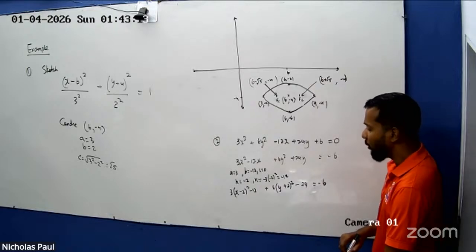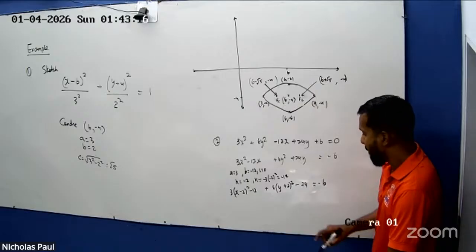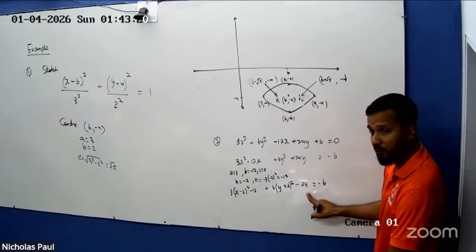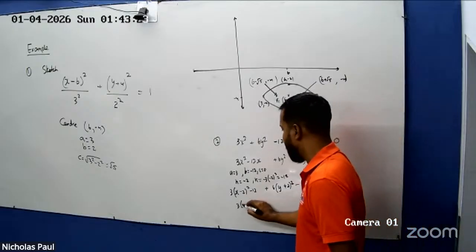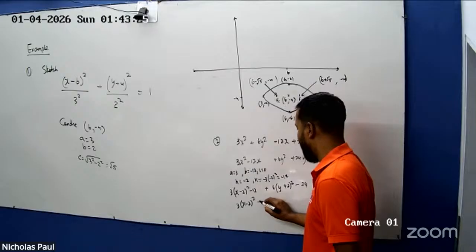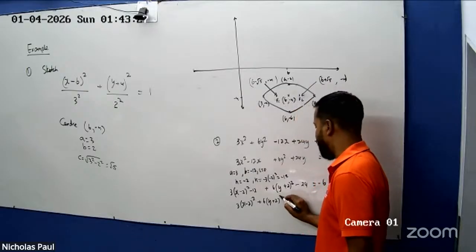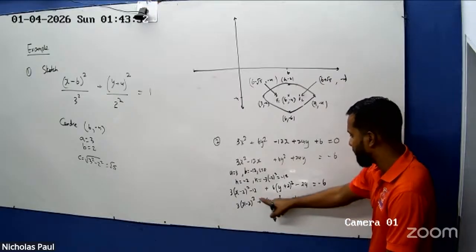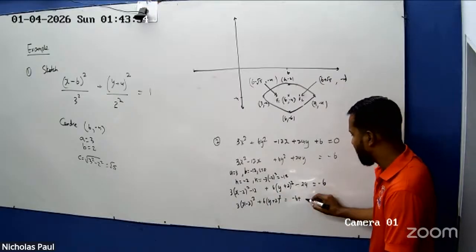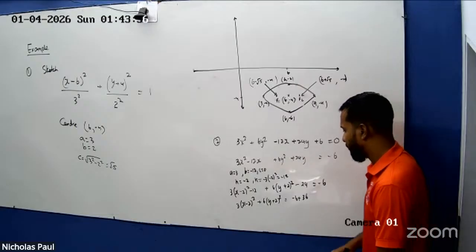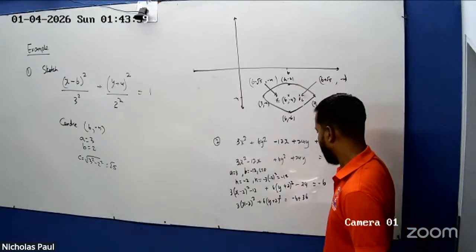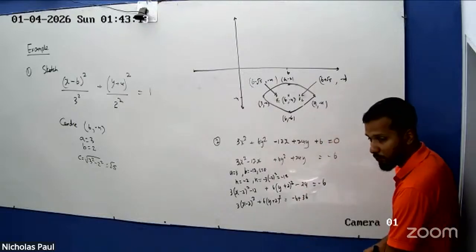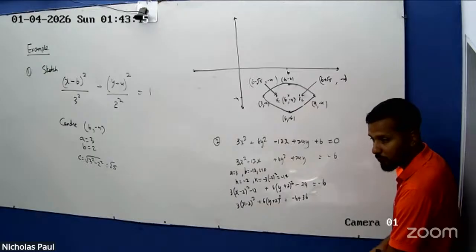What do I do now? Move across these two values. Right? So I'll get 3 by x minus 2 squared plus 6 by y plus 2 squared is equal to minus 6 plus, I'm moving across this 36 here. And 12 minus 24.